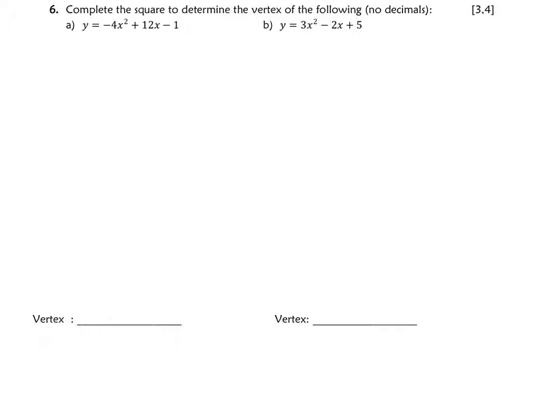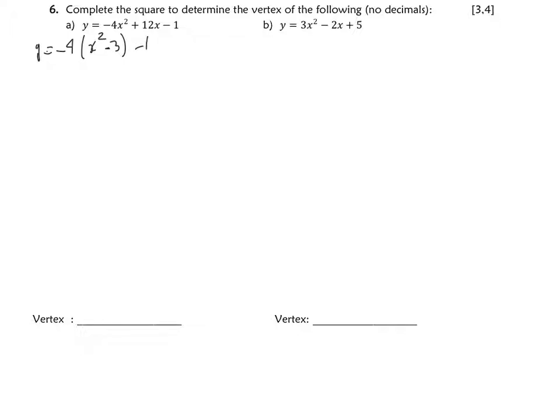The next question says, complete the square for each one of these polynomials and determine the vertex of the equation. So for the first one, since the rule says the leading coefficient has to be 1, I have to take negative 4 out, so I get negative 4 times x squared minus 3x minus 1.